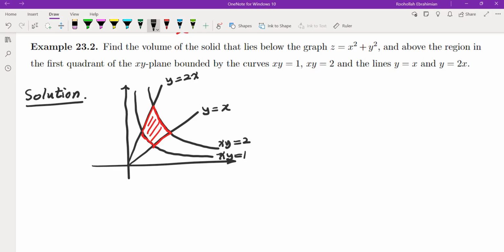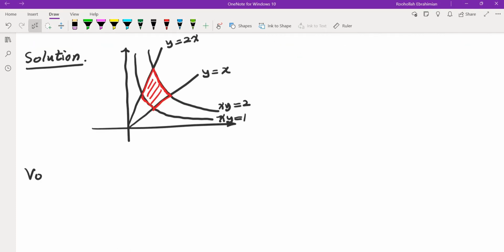Okay, so the volume of the solid above this region and below this. So we know that the volume would be the double integral over this region, let's call this region R, of the height x squared plus y squared.